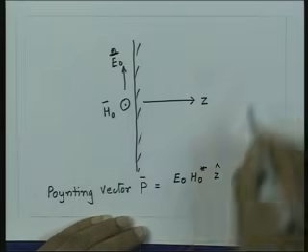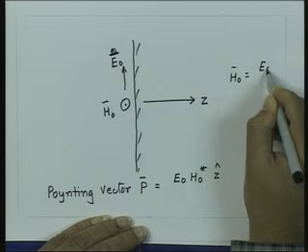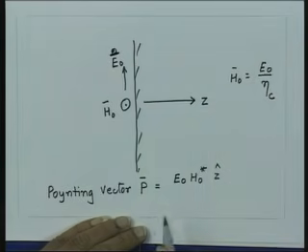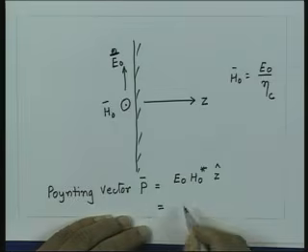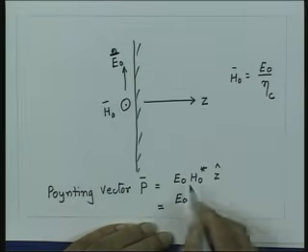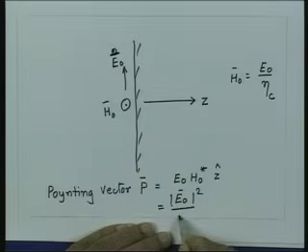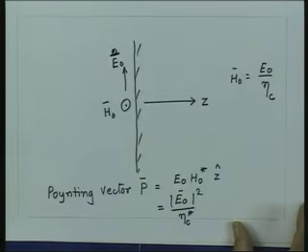I can substitute for H0, which for this medium is E0 upon eta c. So, this is equal to mod E0 square upon eta c conjugate.